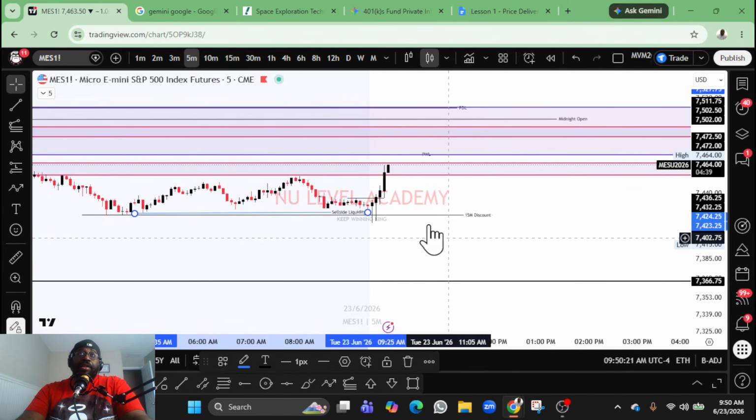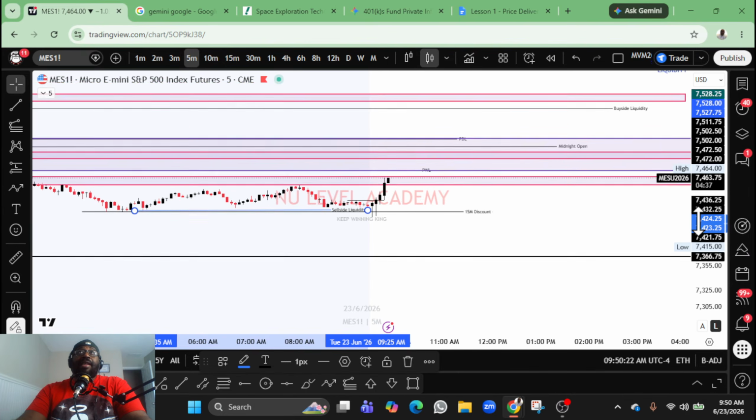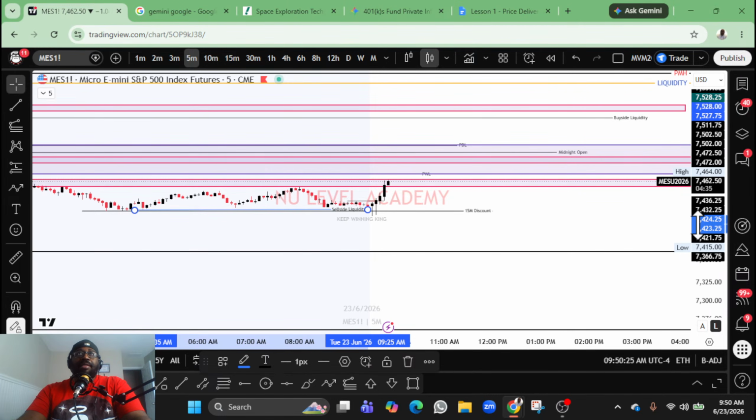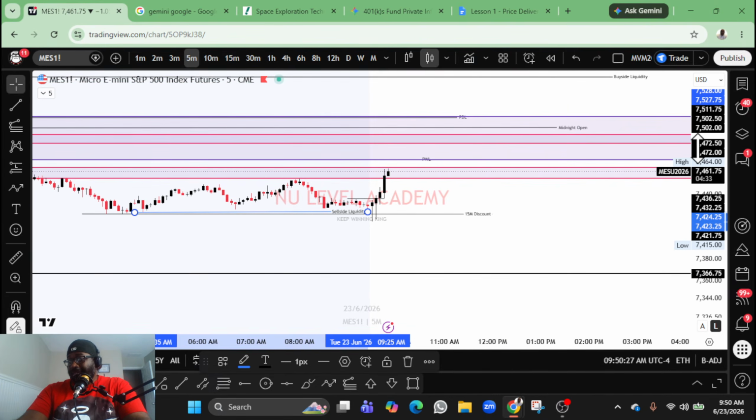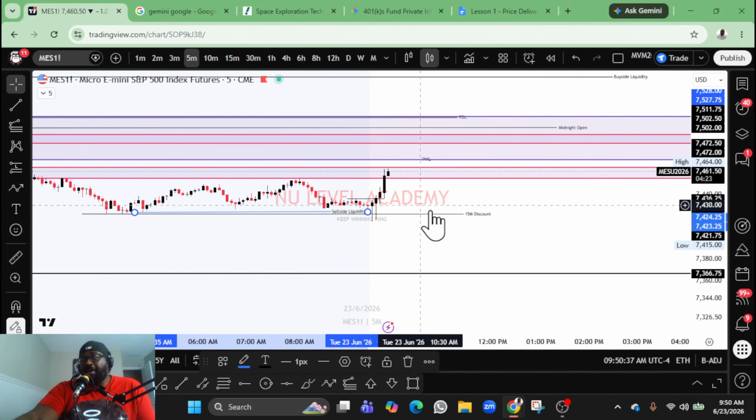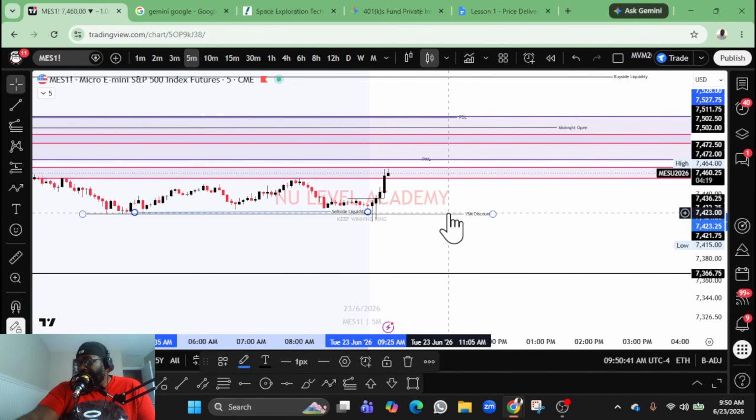We could get filled here and take this to buy side. In my opinion, that's still a possibility. That'll be our first initial trade for today if we could catch a fill here. Let's see if Dr. Phil wants to fill us on today.